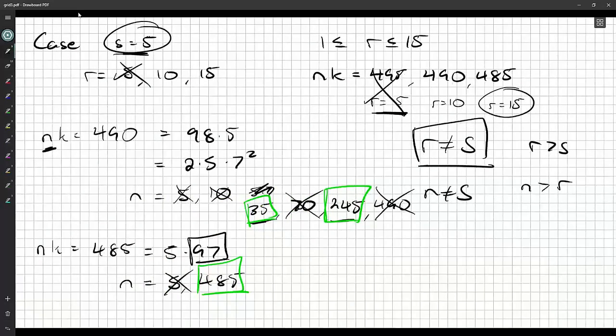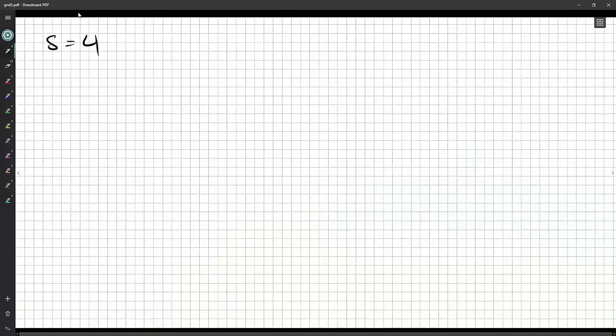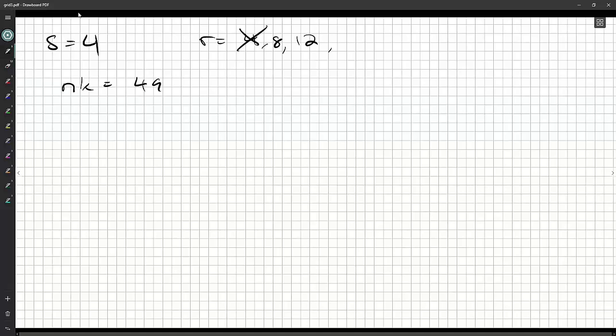So R is between 1 and 15. What are the possible values for R? Well, R could be 4, 8, 12, and that's really it, because the next one would be 16. Now, it can never be 4. And now NK must be 500 minus 496 if R is 4, which isn't allowed. 492, and that's if R is 8.